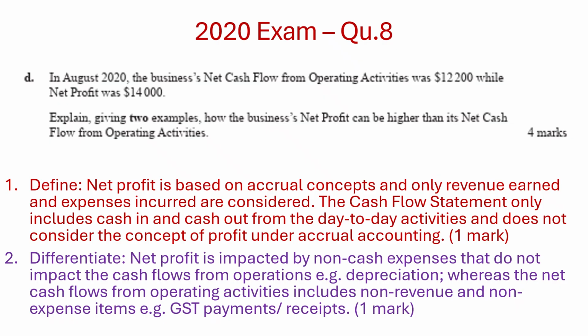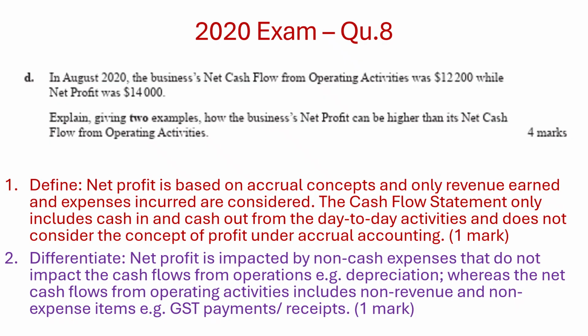Then we differentiate. Again, we can be generic here. Net profit will be impacted by non-cash expenses such as depreciation or inventory loss or gain, whereas your net cash from operating activities includes some non-revenue and non-expense items such as your GST ins and outs. So there's your first two marks.